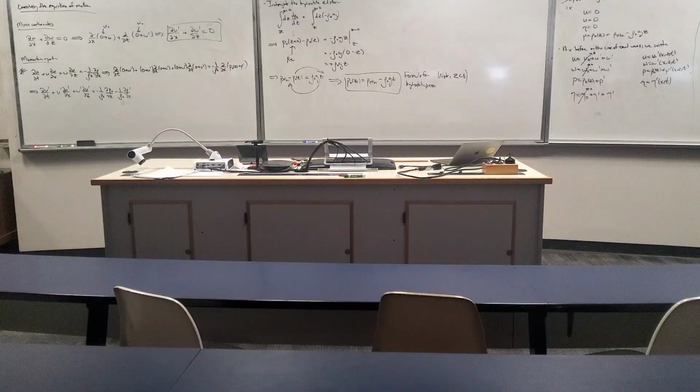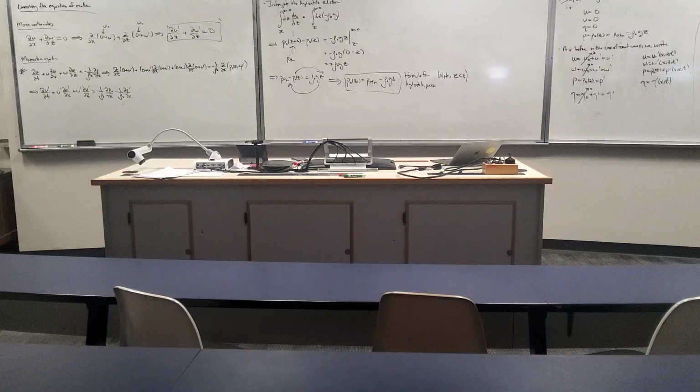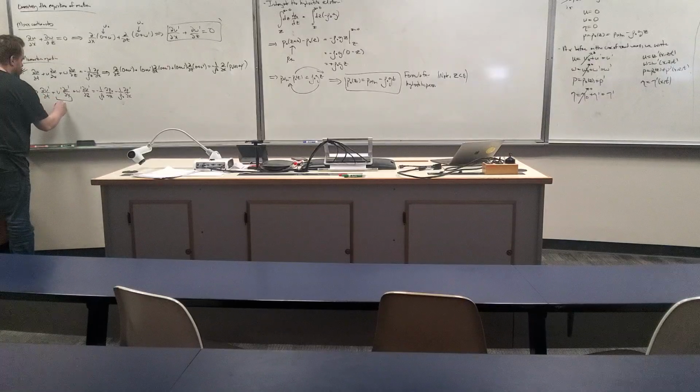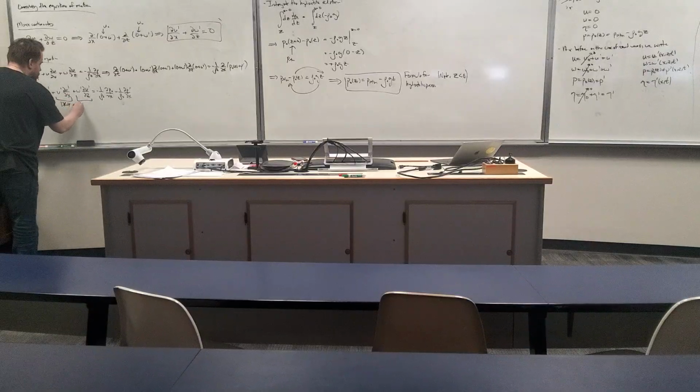So can anyone point out, there's a few terms, in fact there are 3 terms. This equation has 1, 2, 3, 4, 5 terms. Actually 3 of them are either 0 or we're going to drop them. So can someone suggest what are some terms that are either 0 or we're going to drop here? The ones that have 2 factors that have a prime. 2 primes, right? So this one has 2 primes, so we're going to drop that. And this one also, you agree? Has 2 primes? Yeah. I'll drop that.